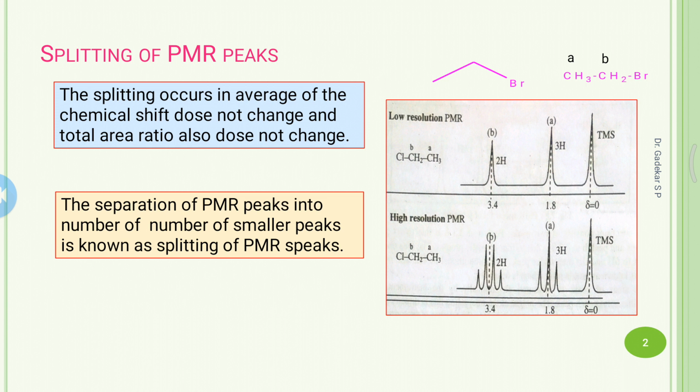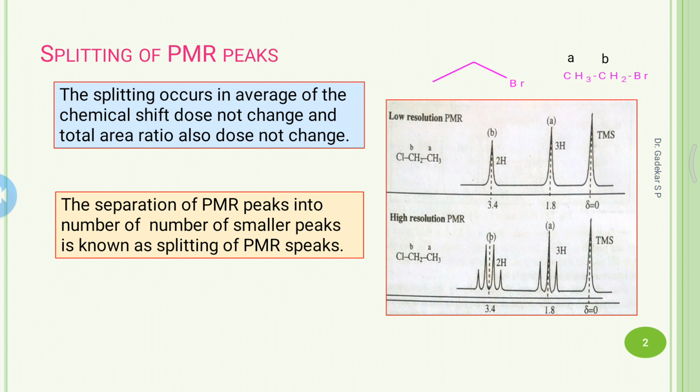Ethyl bromide shows two types of peaks, methyl A and CH2 B. These CH3 and CH2 give two peaks because A and B are not chemically equivalent and show separate peaks.